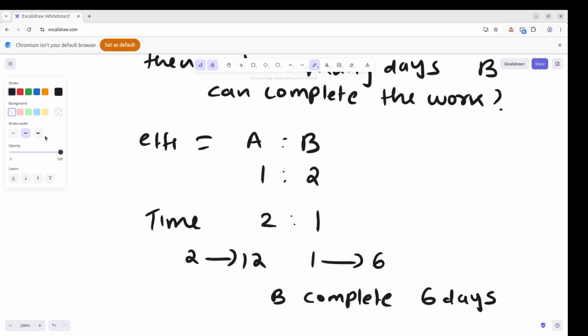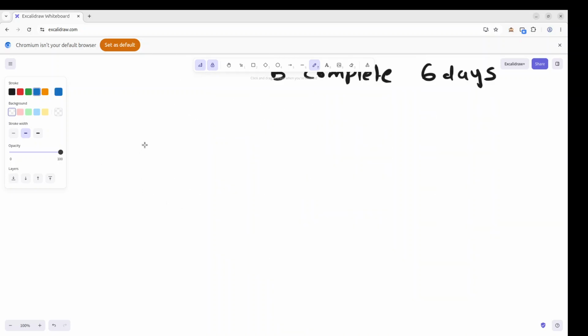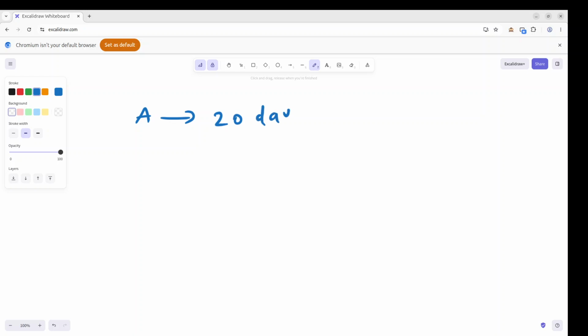Now let's look at another example. Let A complete a work in 20 days. Not 12, it's 20. A can complete a work in 20 days. So what is his efficiency?